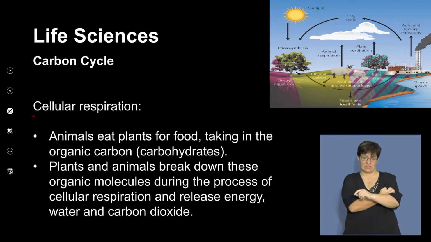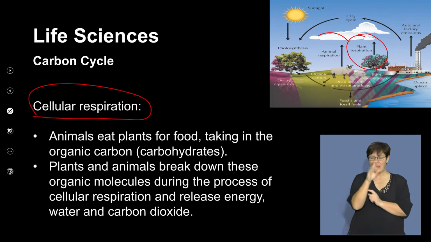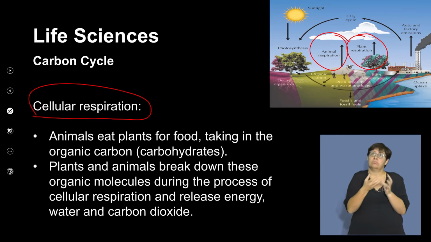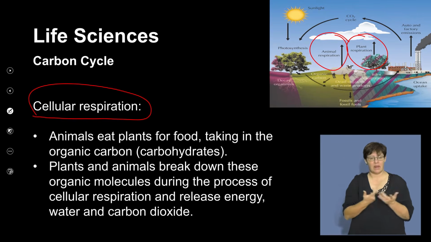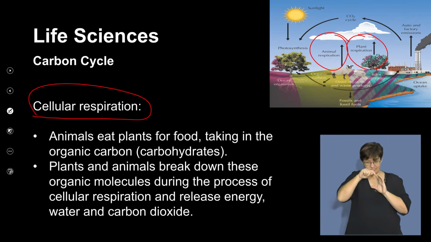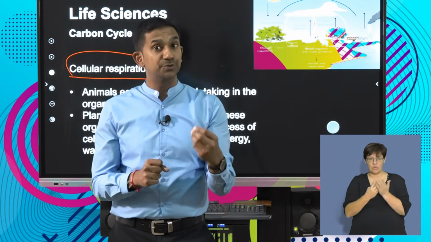The next concept is cellular respiration, also a type of metabolism. And if we look at that, both plants as well as animals have the ability to respire. The concept of cellular respiration again goes back to where it happens in the cell. The mitochondria, which is the powerhouse in the cell, uses the carbon in the form of glucose and breaks that down to produce energy.